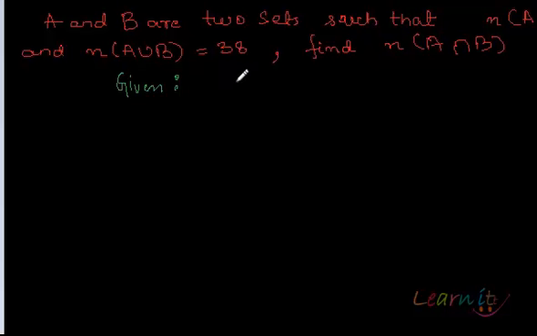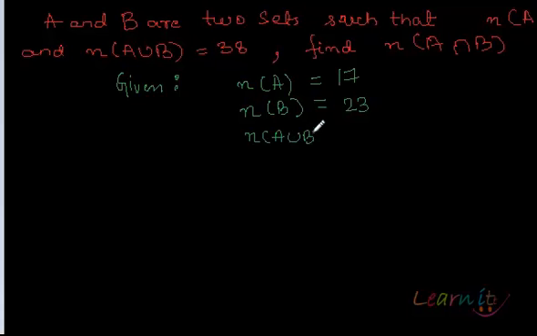So let me just jot down what is given. n(A) equals 17, n(B) equals 23 and n(A union B) equals 38. We need to find out n(A intersection B).